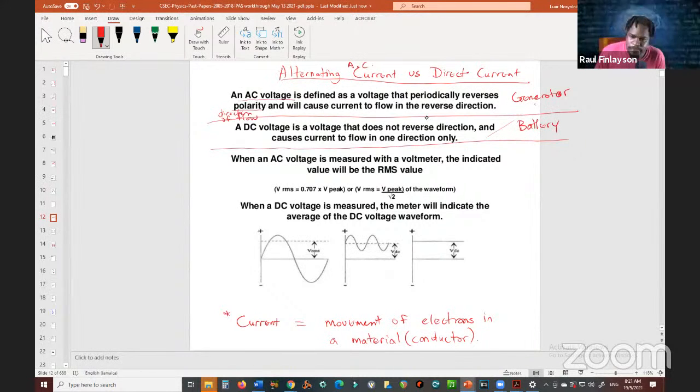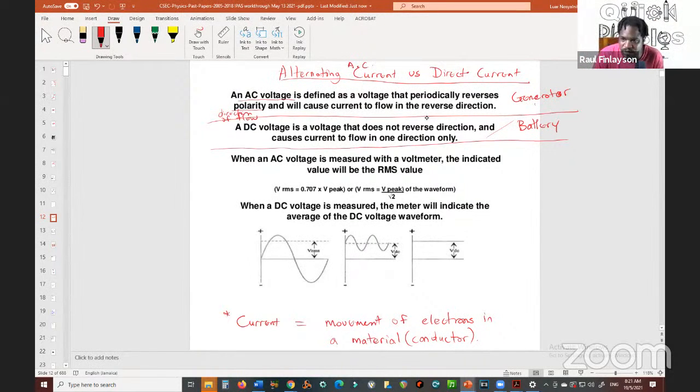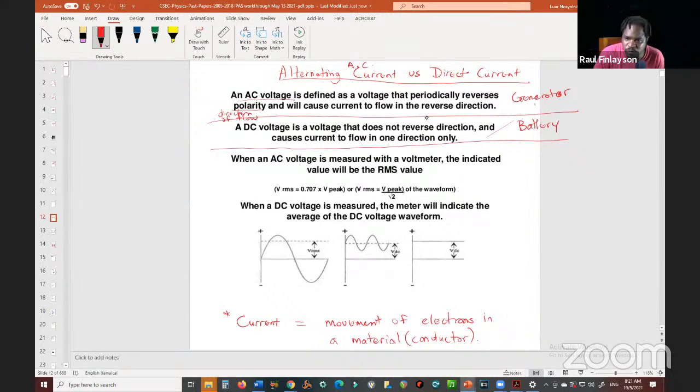Throughout those topics that we're going to look at, we have to have a good idea between the two devices. The two devices that will be producing our current would either be a battery or a generator. All right. So we're going to look more at that later on.